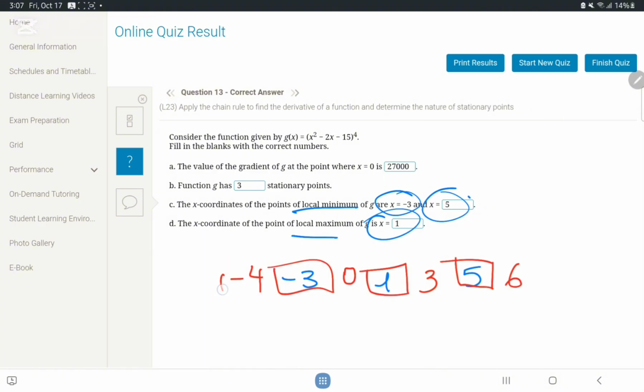What you do is you substitute negative 4 in the derived equation. 8x minus 8, x squared minus 2x minus 15, all of it cubed.